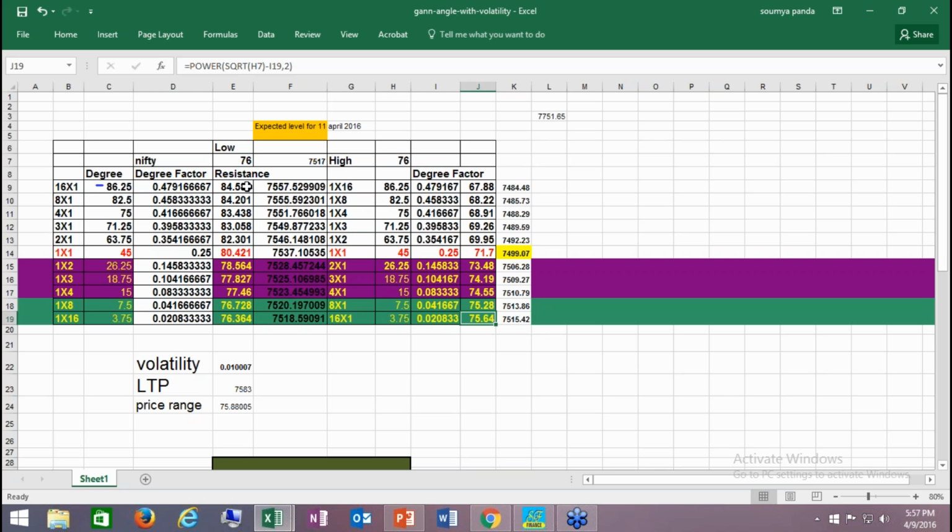After calculating those price ranges, you have to take one price reference point and add to it the calculated price range multiplied with the degree factor, or subtract. By this process you define the trend lines, and at the third trend line crossover you will be buying, putting the opposite side of the third trend line crossover as your stop loss, and you anticipate a maximum success of 16 by 1 trend line, and once that cycle completes you go for a second cycle. This is what it does.